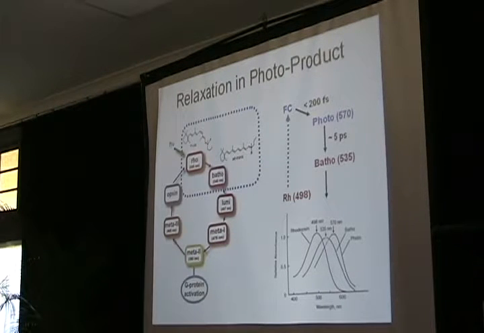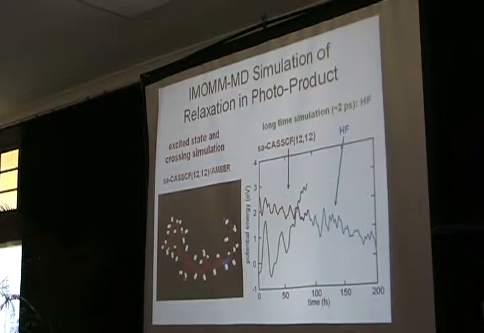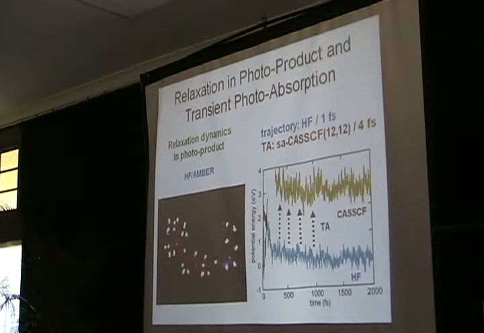Actually, we can calculate the relaxation in the photoproduct, which accompanies a blue shift of the absorption spectrum. We can calculate the time-dependent absorption spectrum in this process using QM/MM simulation.